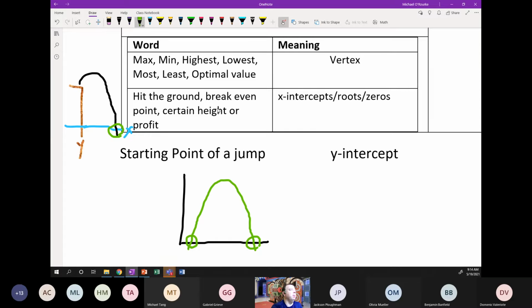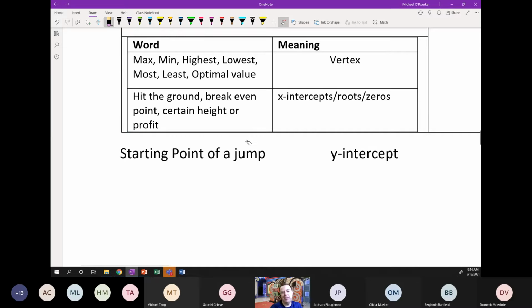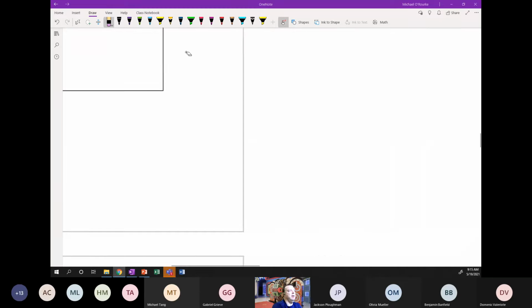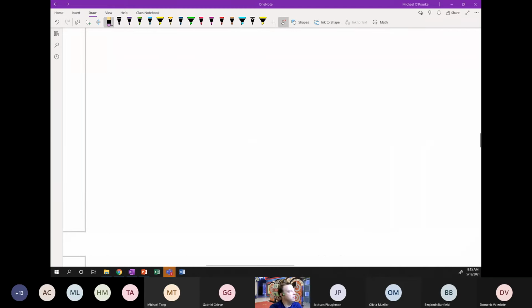And there's actually real life parabolas. I know you guys don't believe me that math happens in real life, but for example, who can tell me what this is? I'll pull up a picture here for you. So who knows what this is?